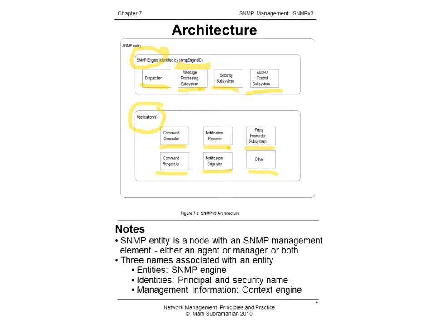The first three applications are normally associated with an SNMP manager, and the last two with an SNMP agent. The application module may also include other applications, and this is indicated by the other box.